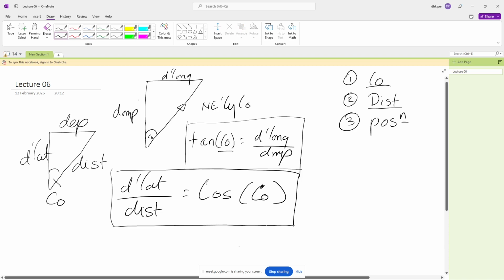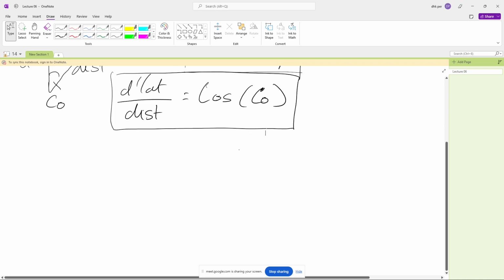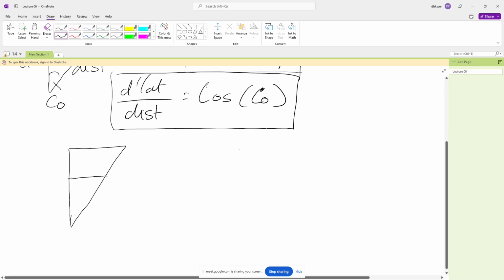In some books you will see that the two triangles are in one single triangle, like this.